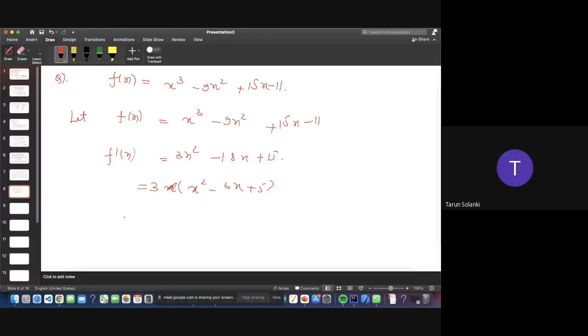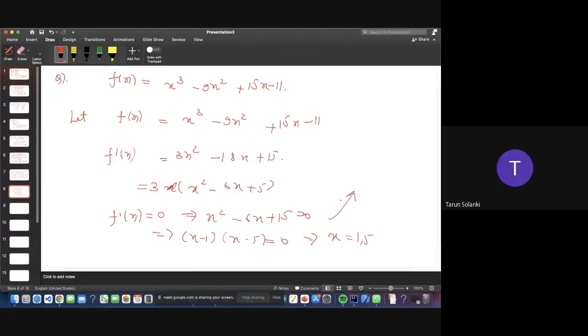Okay, so for minima and maxima, f dash x is equal to 0. So x square minus 6x plus 5 is equal to 0. So it means (x minus 1)(x minus 5) is equal to 0, which gives x equal to 1 and 5.